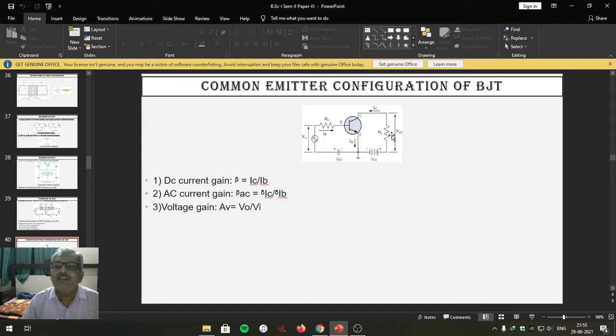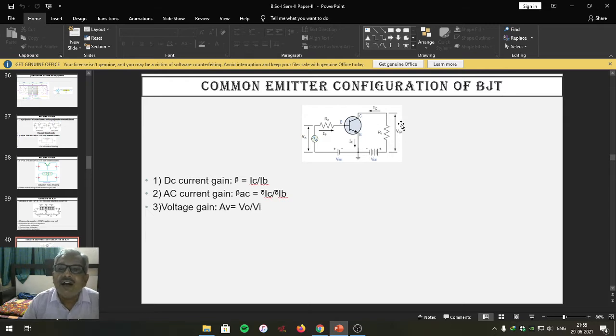Its positive terminal is connected to the collector, and the collector is of N type, whereas the negative terminal is connected to the emitter. As the positive terminal is connected to the N region, we can say the collector base junction is reverse biased. Thus the input junction is forward biased, whereas the output junction is reverse biased. Hence this configuration is used to work the BJT as an amplifier.